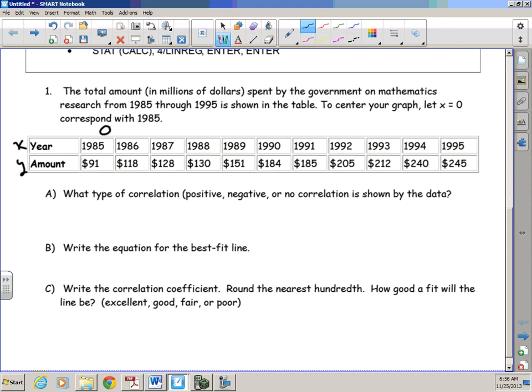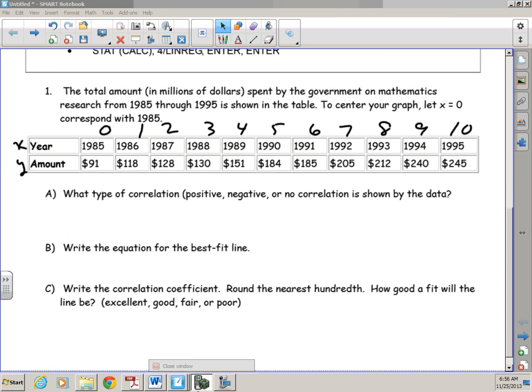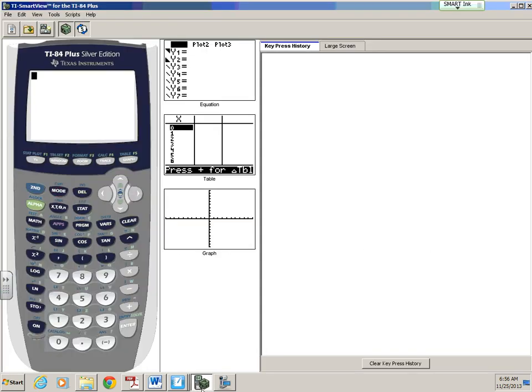Instead of 1986, 1, 2, 3, 4. Sometimes you're asked either by myself or on the Regents to, instead of putting in the full year, use the smaller numbers, because it just makes it a little bit easier. Now, let's call up the calculator and go through how we would do this.